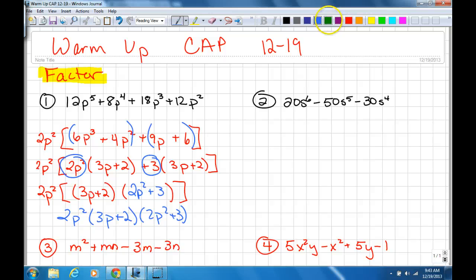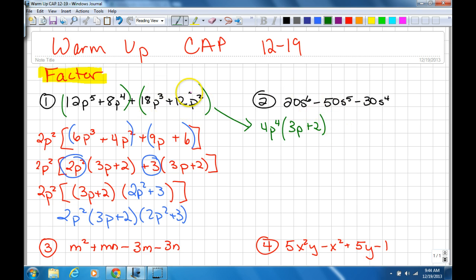I want to do the other way now. Okay, so let's say I take this and I pre-group it like this. Okay, I'm going to do this right here. So what can I take out of the first green parentheses? 4p to the fourth, right? So if I do that, I have a 3p plus 2 left on the inside.